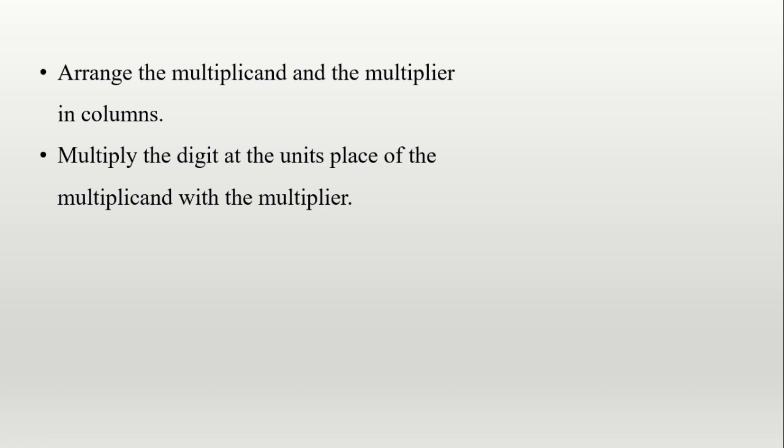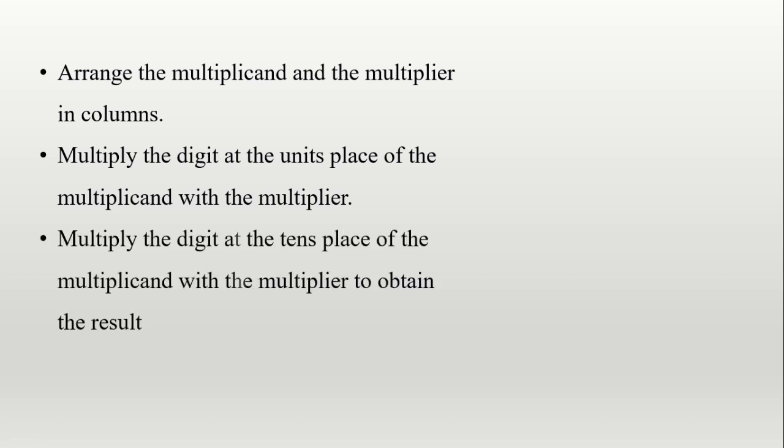When you start multiplying a number, the first thing is you need to arrange the multiplicand and the multiplier in columns. Multiply the digit at the units place of the multiplicand with the multiplier. After that, multiply the digit at the tens place of the multiplicand with the multiplier.